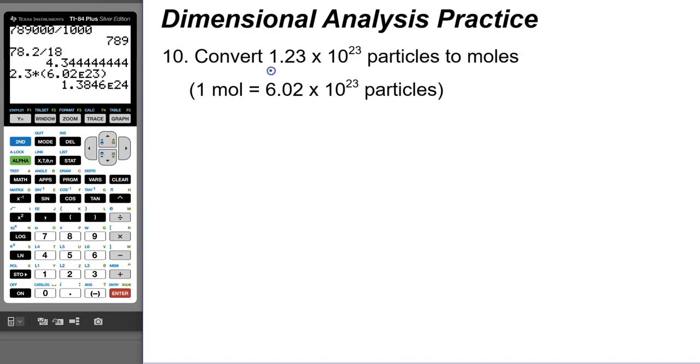So we're starting with a number in scientific notation, and we're converting it to some new number. So when we write this out, we're going to keep the scientific notation.